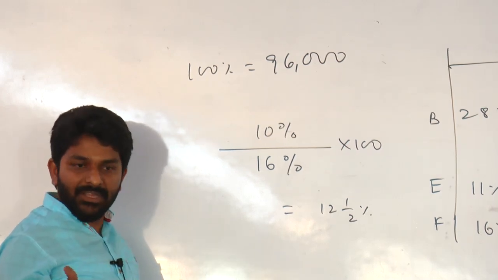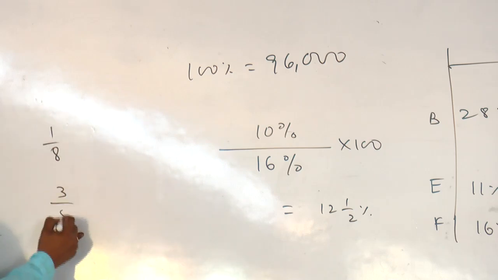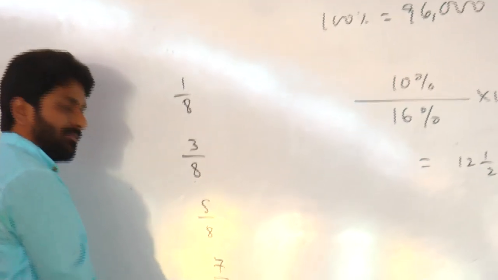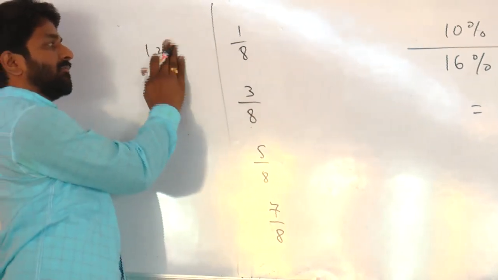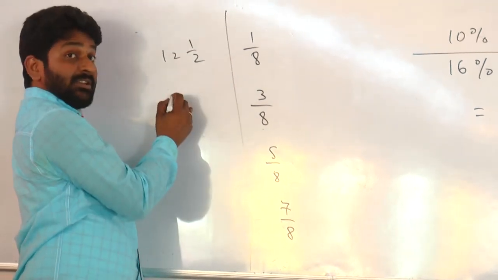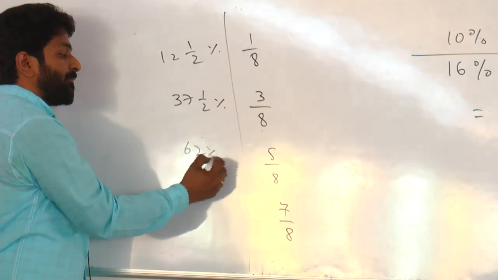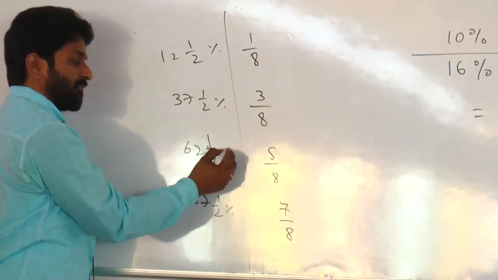Conversions in percentage: 1 by 8, 3 by 8, 5 by 8, and then 7 by 8. This is 12.5%, this is 37.5%, 62.5%, and then this is 87.5%.